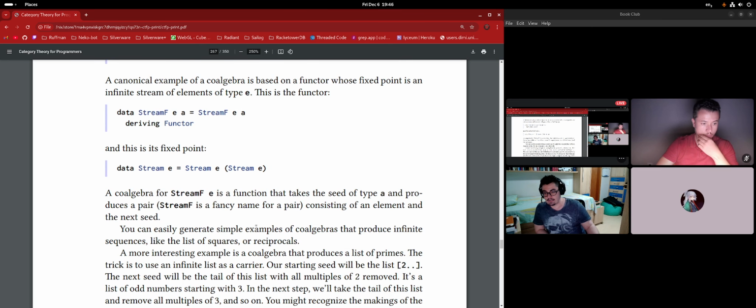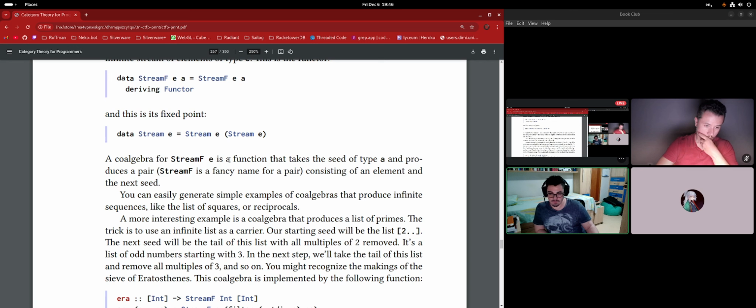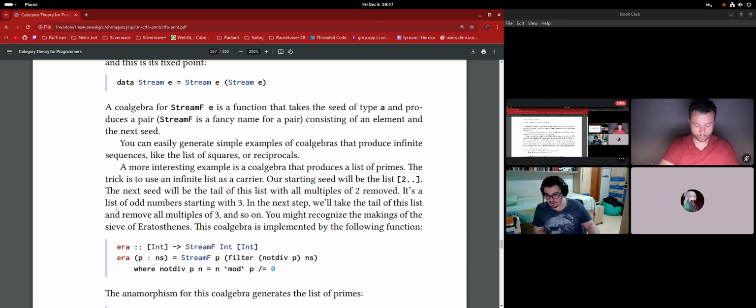A coalgebra for stream F is a function that takes a seed of type A and produces a pair consisting of an element and a next seed. So you go from one thing to the one thing plus the new one, kind of like a state monad in a sense. You can easily generate simple examples of coalgebras that produce infinite sequences.